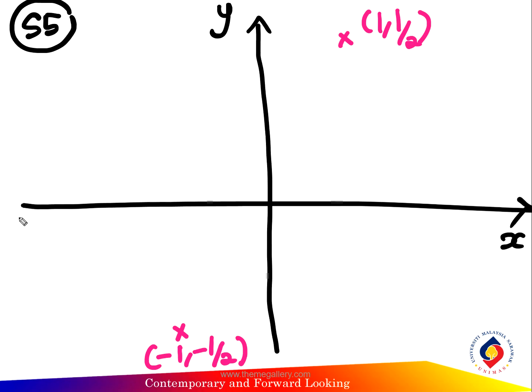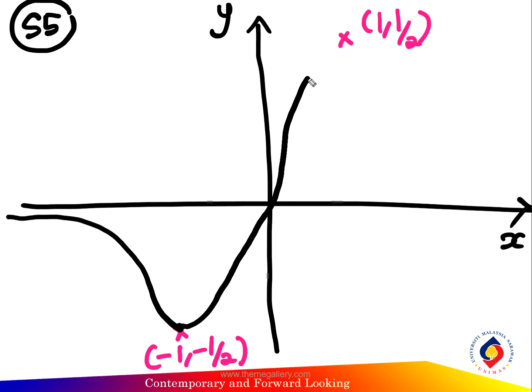From the left here, start from negative infinity, and graph through (-1, -1/2), and here you put the intercept at the origin, at (0, 0).